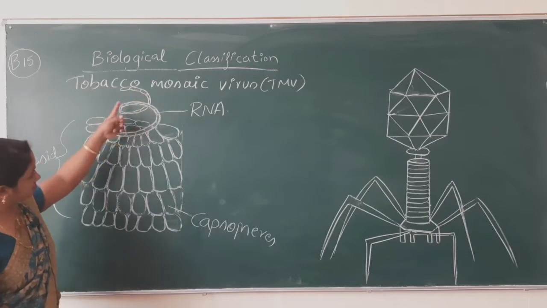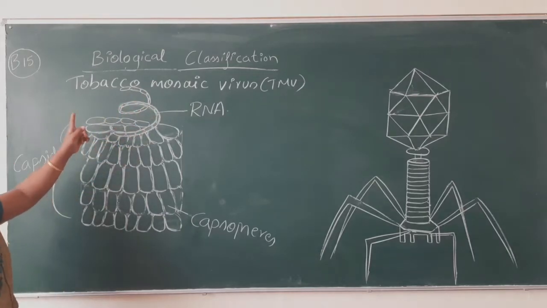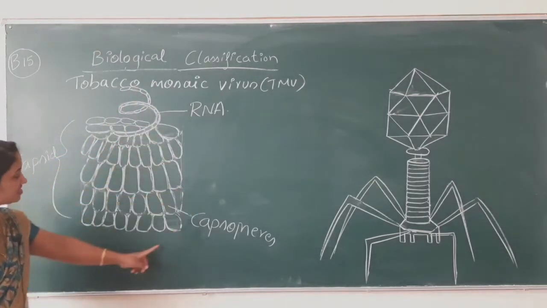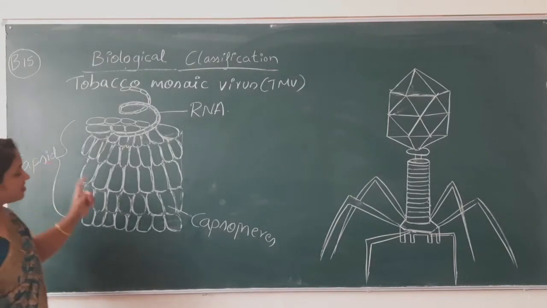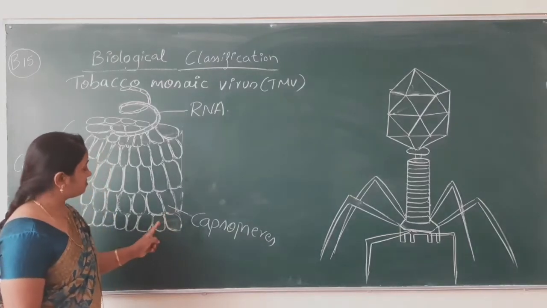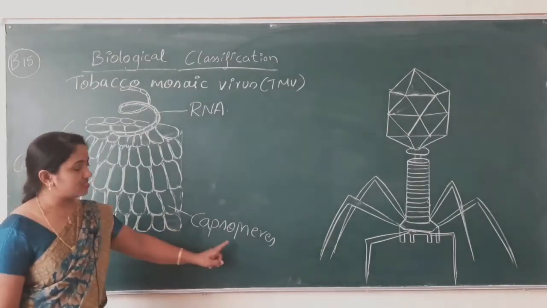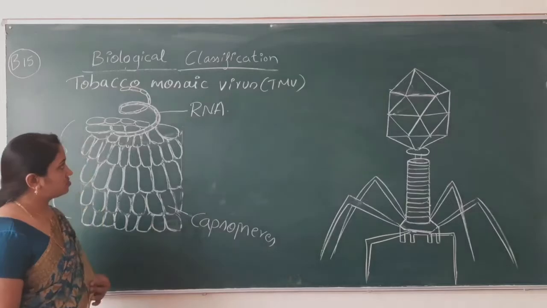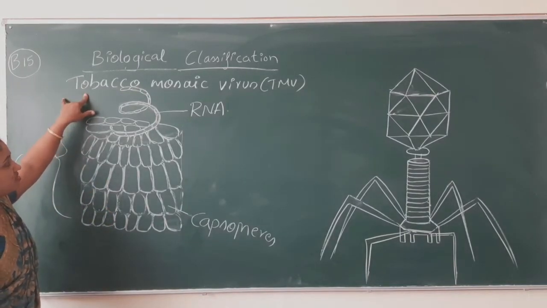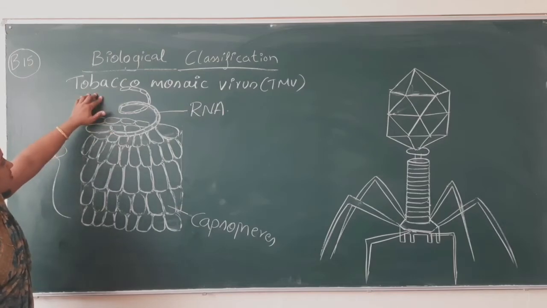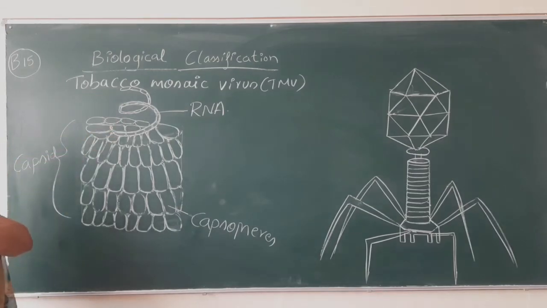This genetic material is covered by a protein coat known as capsid. The capsid is made of a number of subunits known as capsomeres. So that's all about the TMV, tobacco mosaic virus.